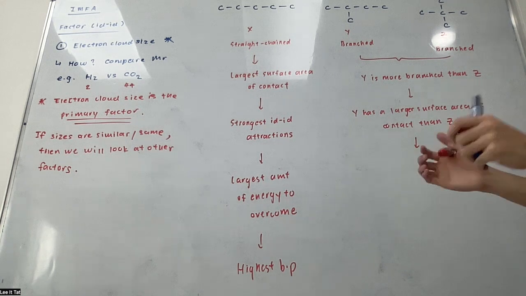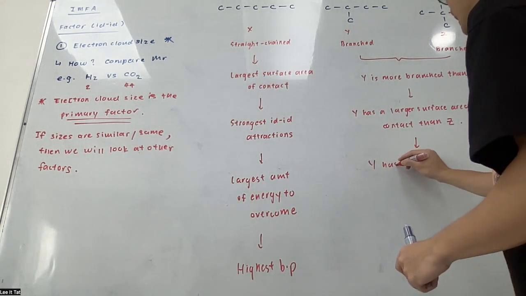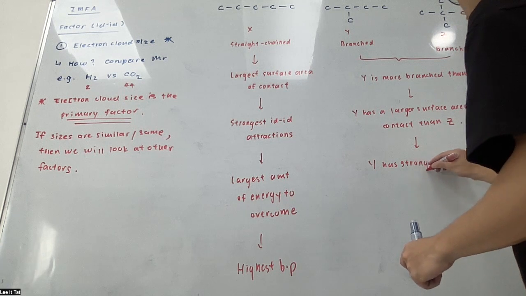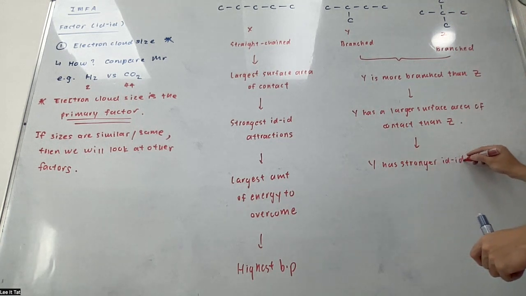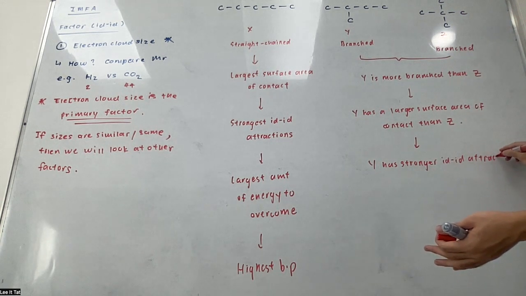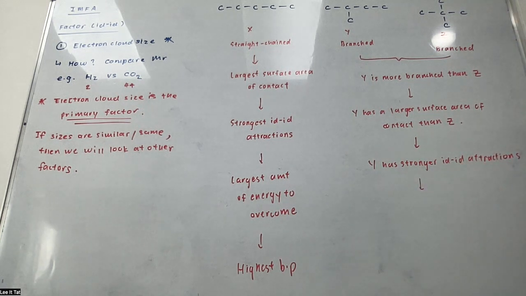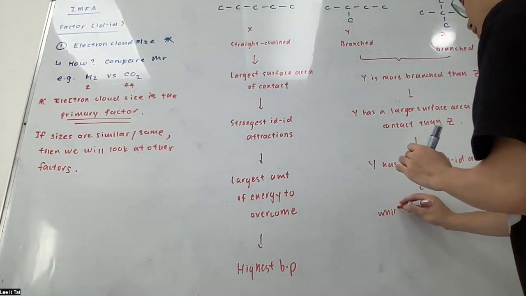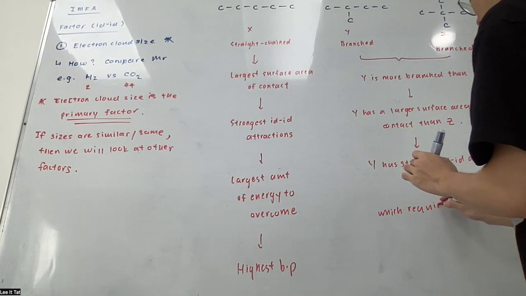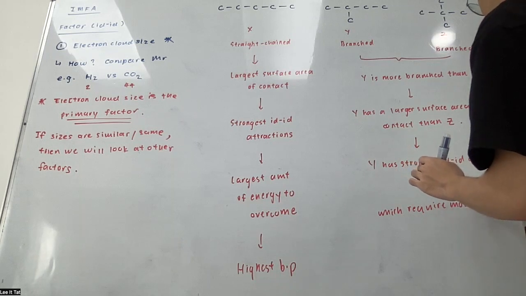That's bound to be stronger. So Y has stronger ID attractions. Again, ID attractions are just the intermolecular forces. And since you have stronger attractions, you can just continue by saying which require more energy to overcome.